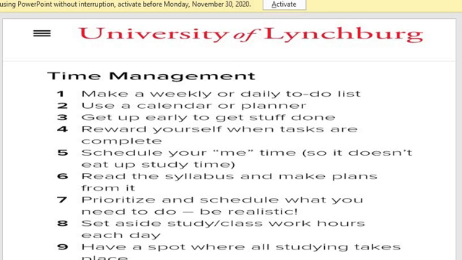So boost yourself whenever you have done what is due by its date. And next is: schedule your me time so it doesn't eat up study time.